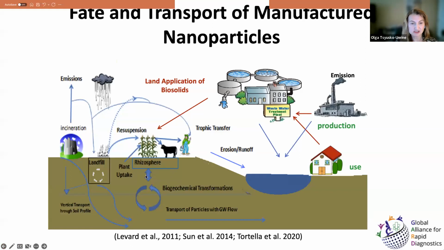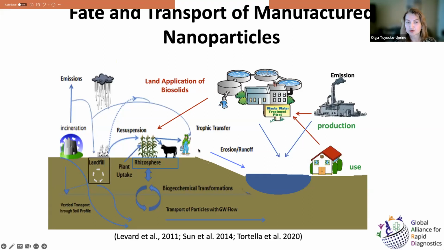So after sludge is applied as biosolids, the particles are entering the soil systems and being taken up by plants and eventually serve as food for people. There is also incineration of the materials in the landfill and hence emission into the water and the air.